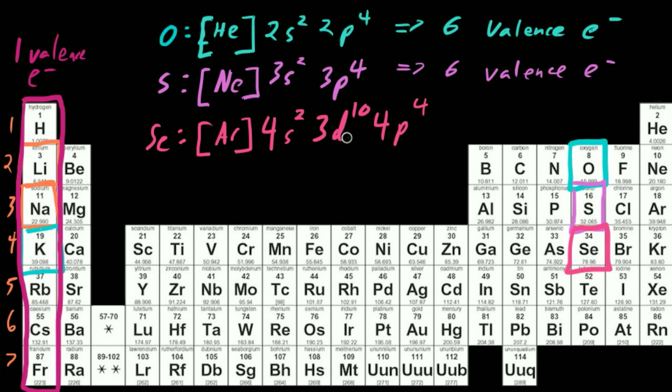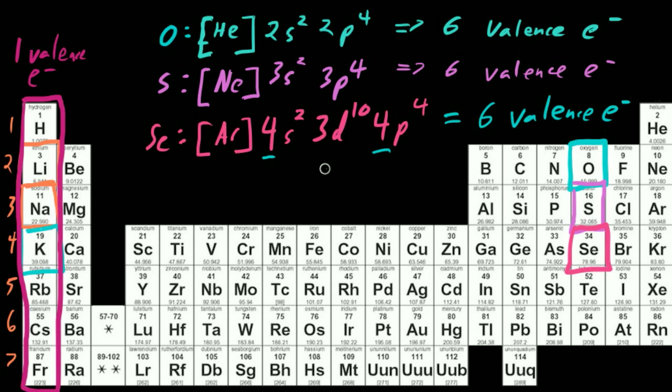But the important thing to realize here is that the number of valence electrons is defined by the number of electrons with the highest period number. So these 3d10 electrons here, at least for our S and P blocks, and selenium is in our P block, they don't count at all. So selenium is also going to have 6 valence electrons.